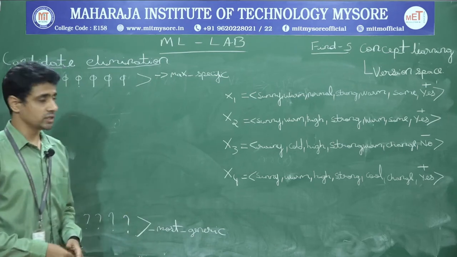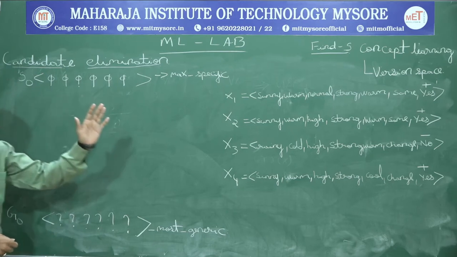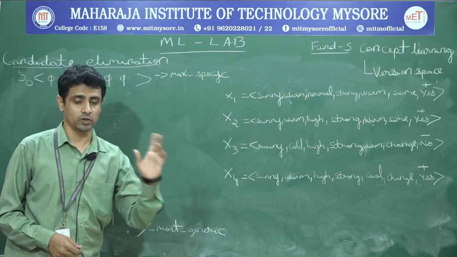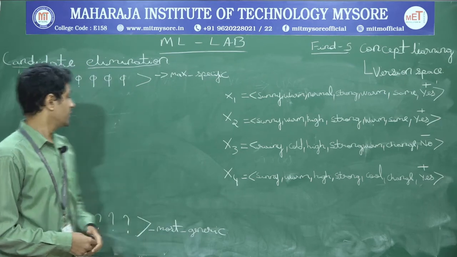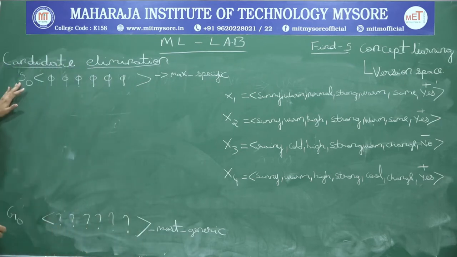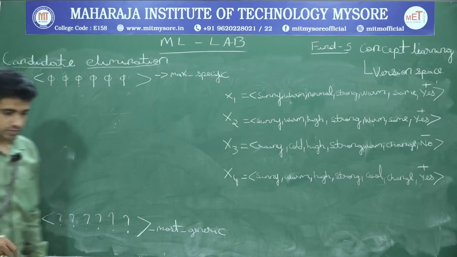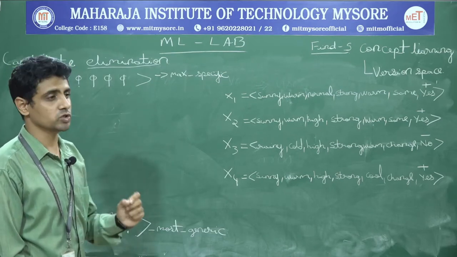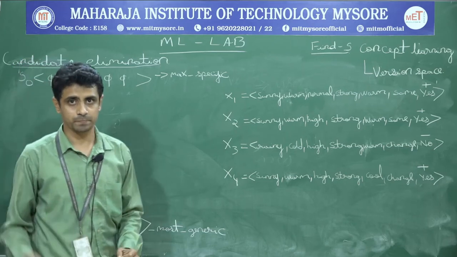In the case of Find-S, as I said, we are only getting the most specific hypothesis. Now, in candidate elimination, we need to define two things, that is S0 and G0. So we need to find out G0 and S0, the most general hypothesis and the most specific hypothesis.